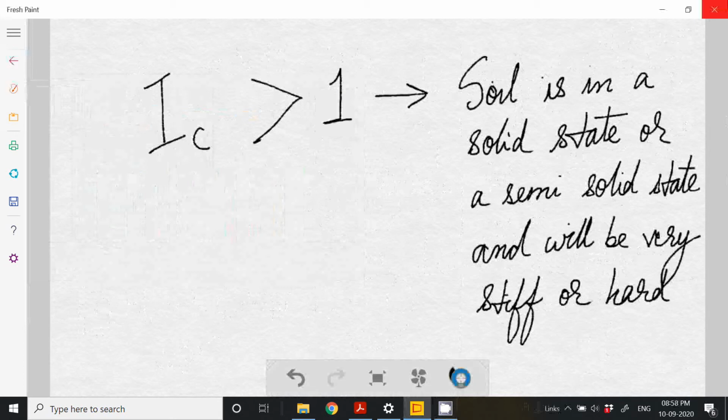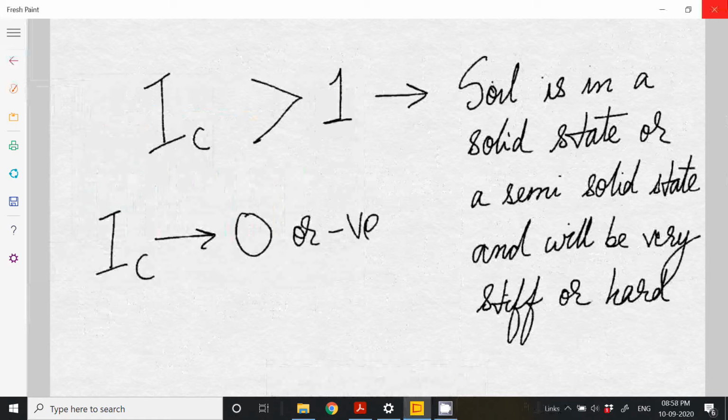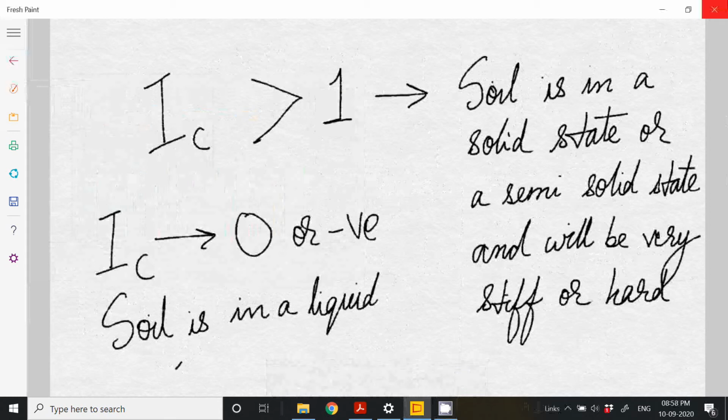And when IC approaches zero or negative, then we can say that soil is in a liquid state and is very weak.